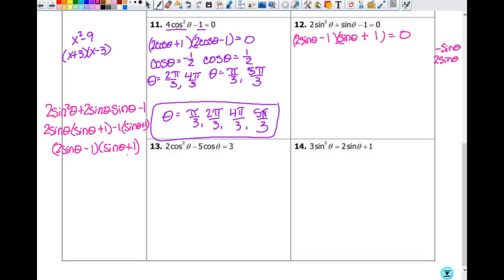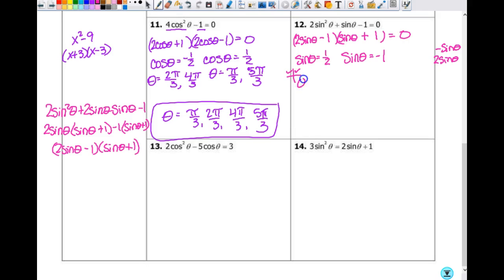Everybody okay with that? So now that we have it factored, we can set them equal to 0, which means here I get sine theta equals 1/2, and sine theta equals negative 1. All right, so I want sine to be positive and negative here, right? So the positive sine is going to give me quadrants 1 and 2.